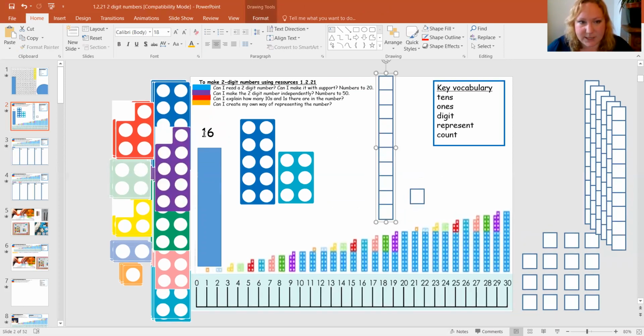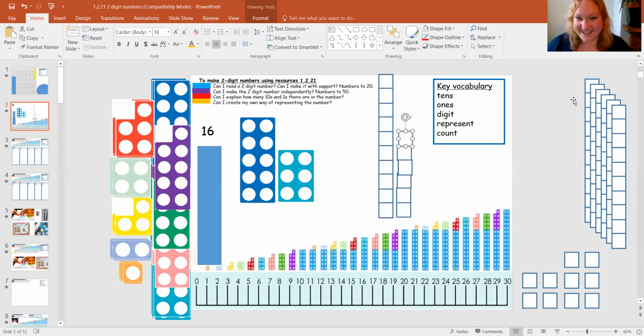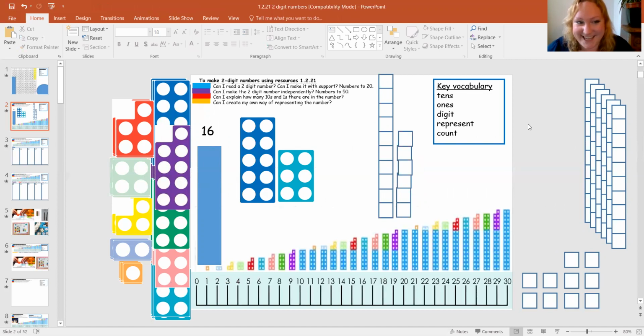That's the first digit. It's a 10, 1 ten. How many ones do I need? 6. Let's go. 1, 2. Doesn't need to be perfect. 3, 4, 5, 6. Fantastic. I've made 16.